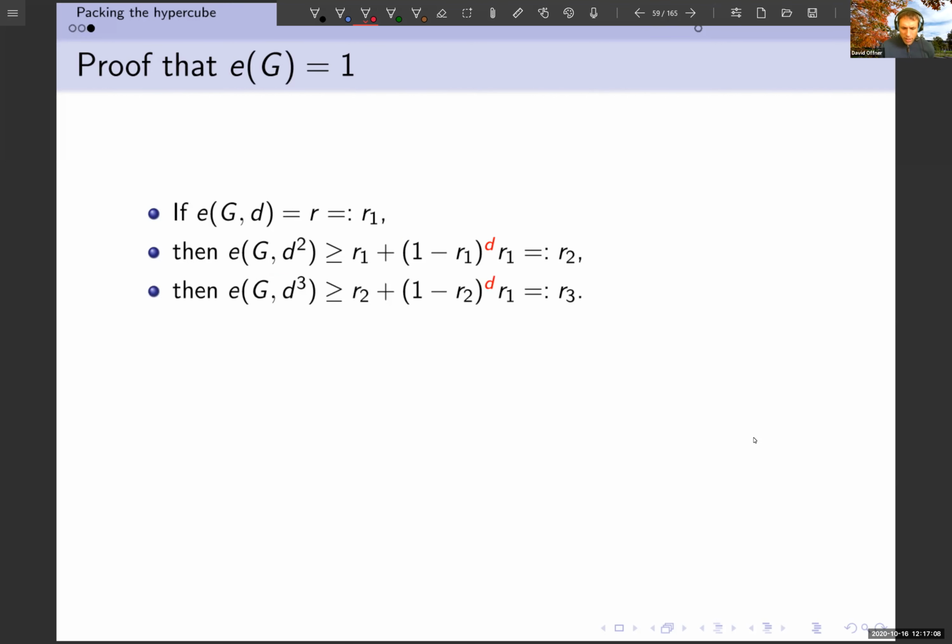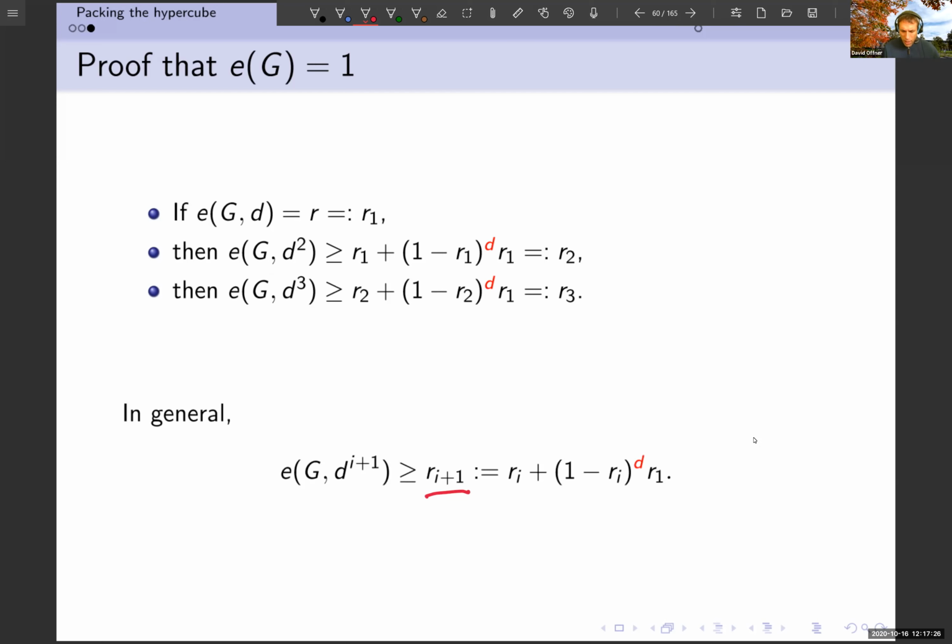And then when I take Q_d cubed, again, I start with the density I had for Q_d squared, and then I'm able to add something to that, and it turns out you get this recurrence.